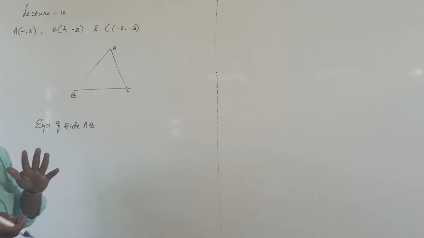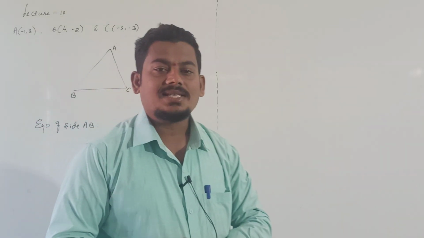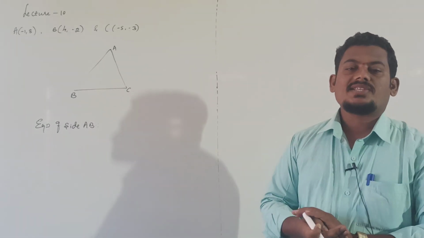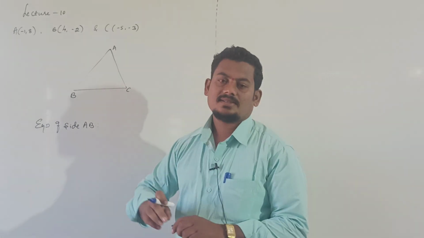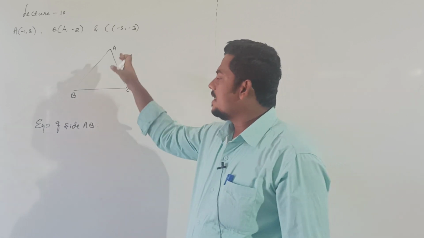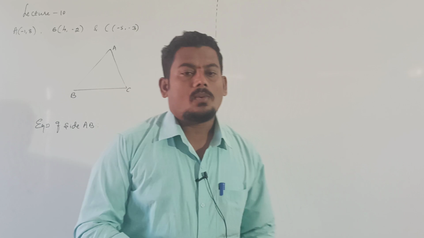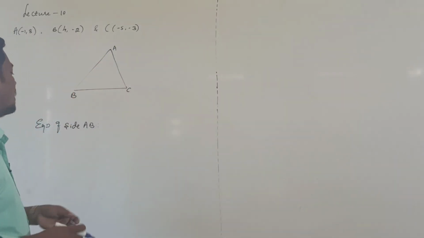They have given A, B, C as vertices of the triangle. Then find the equations of sides. What are the sides? AB side, AC side and BC is the other side. Now first write the equation of AB.